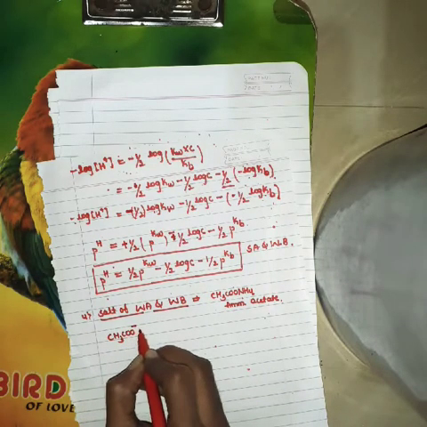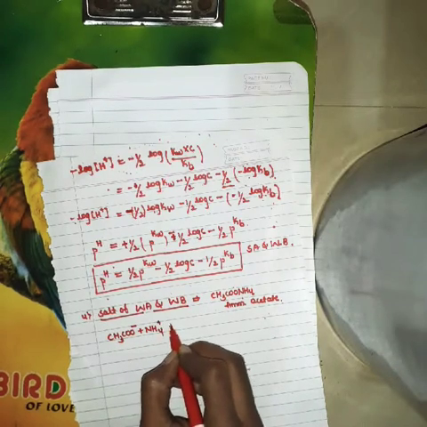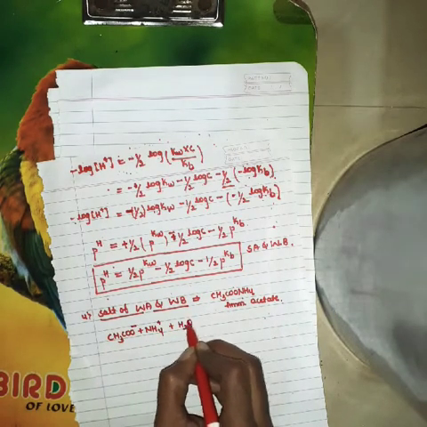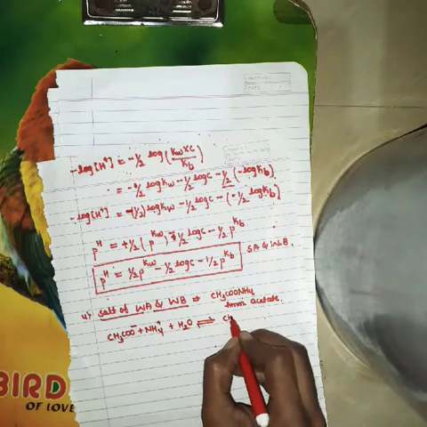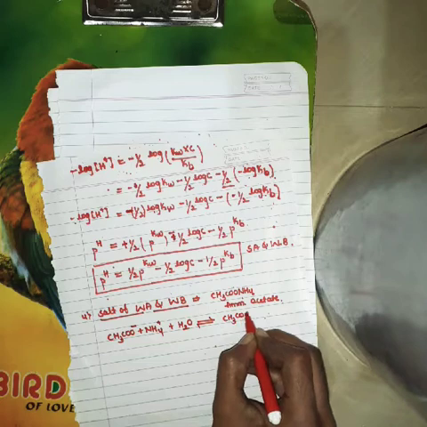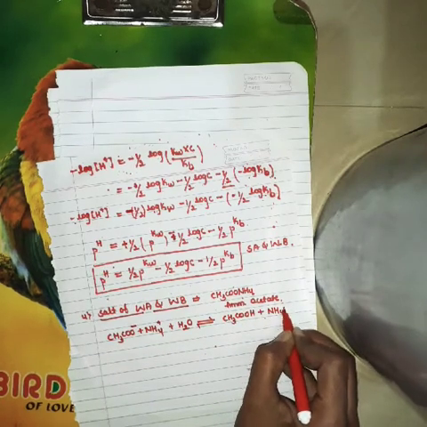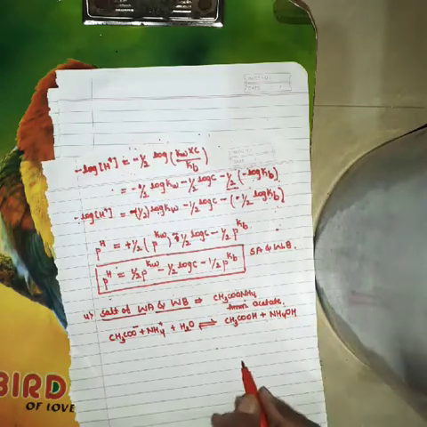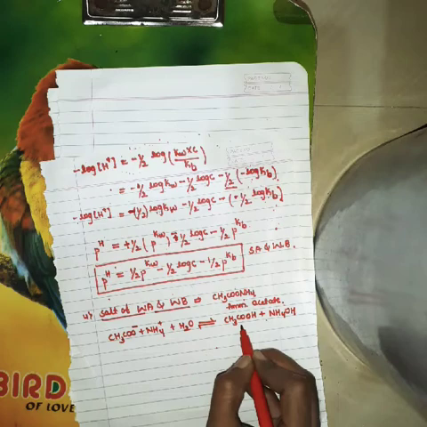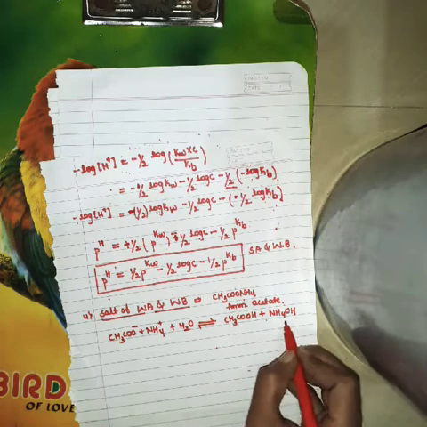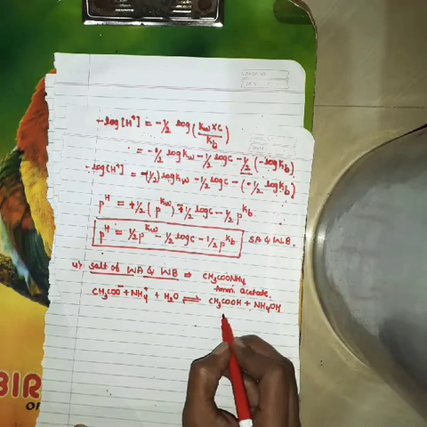CH3COO minus and NH4 plus react with H2O, in presence of water undergo hydrolysis forming CH3COOH plus NH4OH. Ammonium acetate undergoes hydrolysis. It will form acetic acid and ammonium hydroxide.